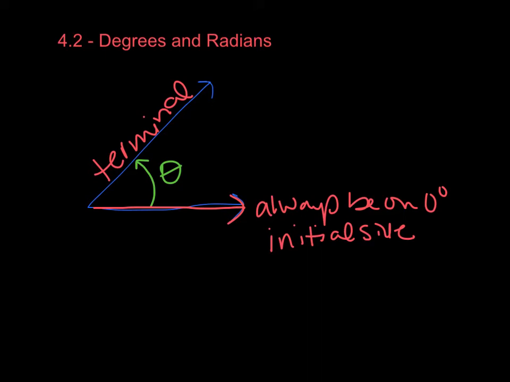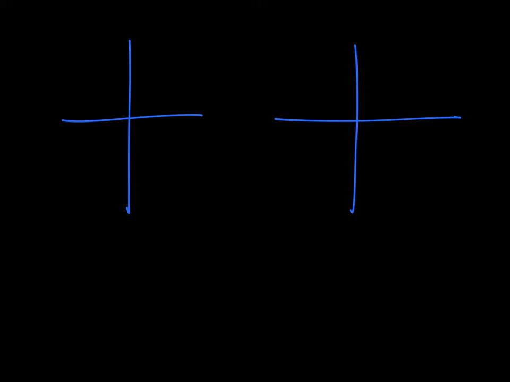So we've got two different kinds. Okay, now we're going to look at two kinds of angles. So let me draw. Here is my coordinate graph. We are always going to have our initial side, here let me make it in pink, at 0.